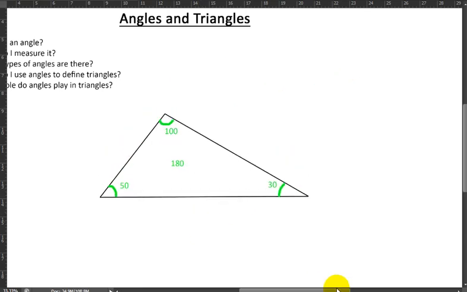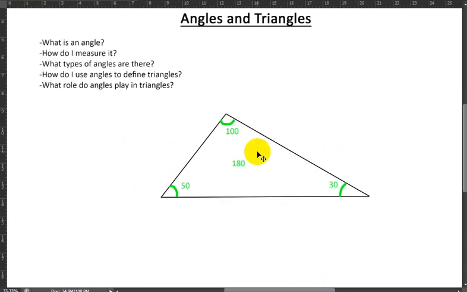I didn't measure anything, I just drew 3 lines. After measuring its angles, I found that this angle was 50, this angle was 30, this angle was 100, and if I add them all together, they make 180.